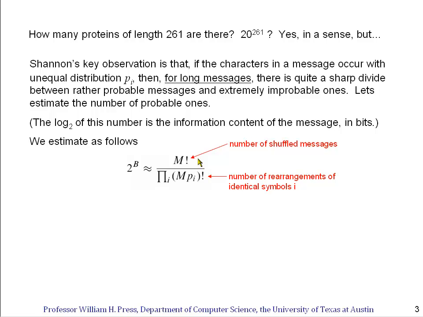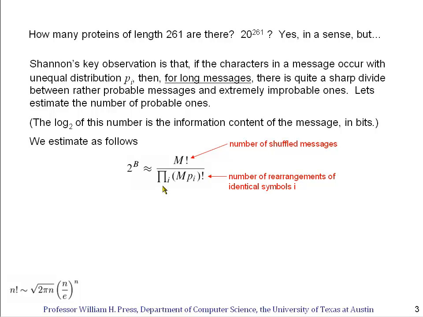Well, that's just m factorial, from the length of the message being m. And now the number of identical rearrangements that come from just interchanging all of the same amino acid, even if it's at different positions, that would be this number factorial. And of course, the total number of rearrangements is the product of that number of rearrangements for each separate amino acid.